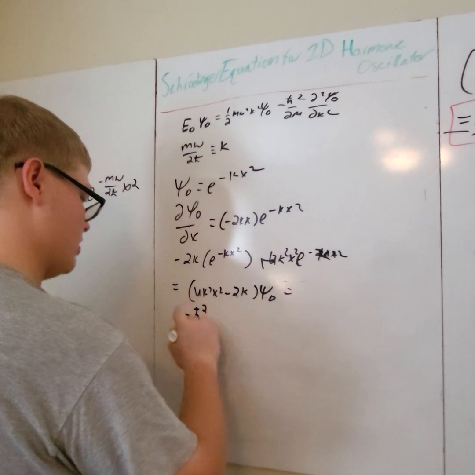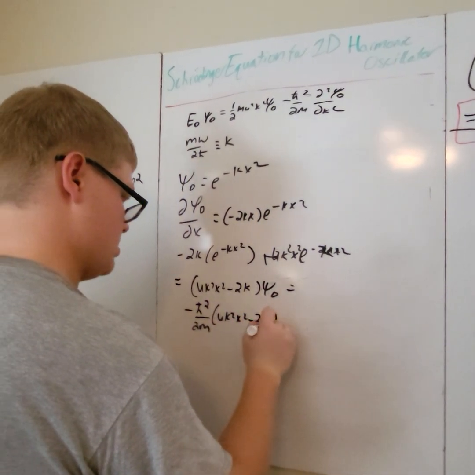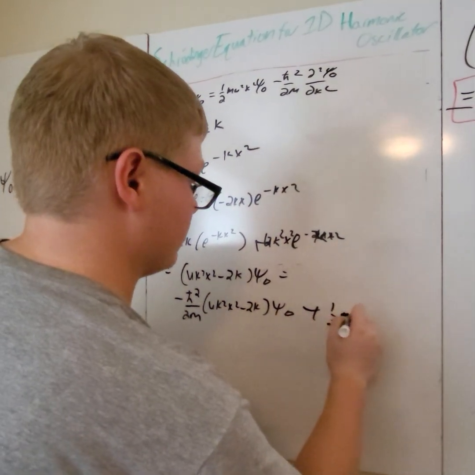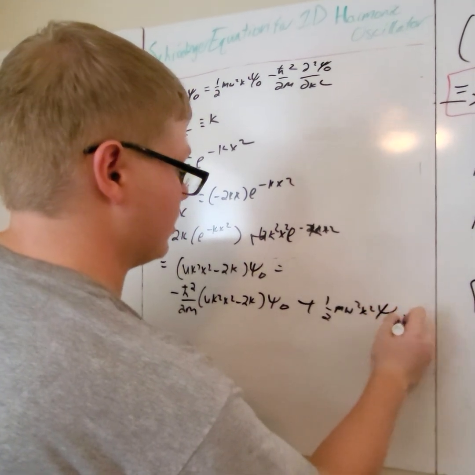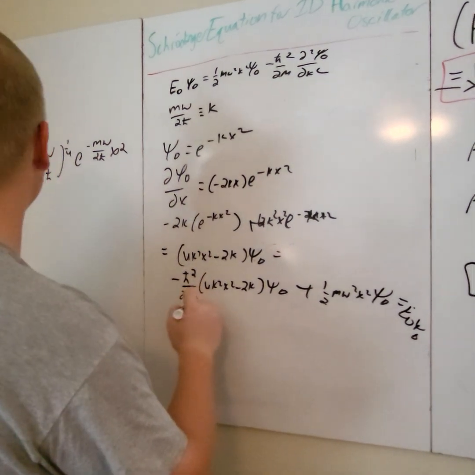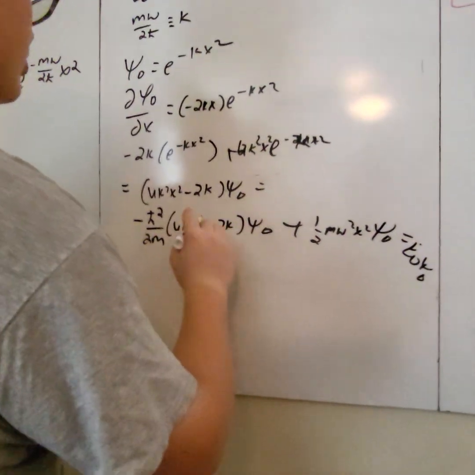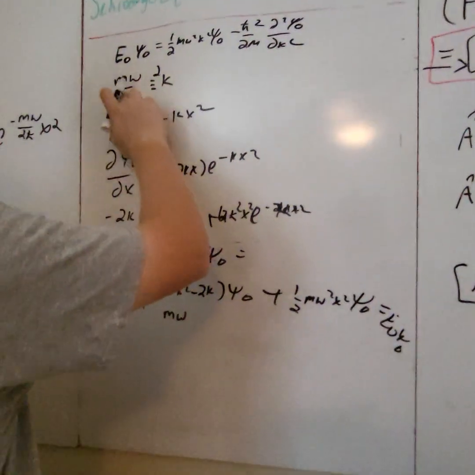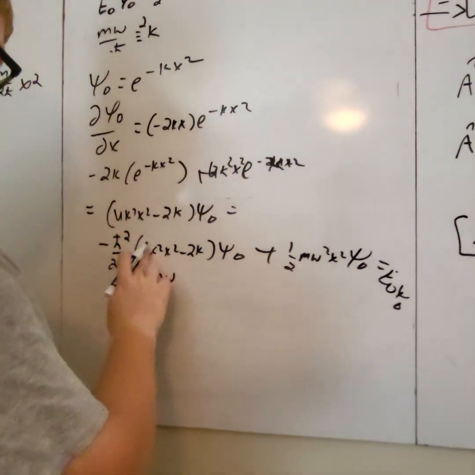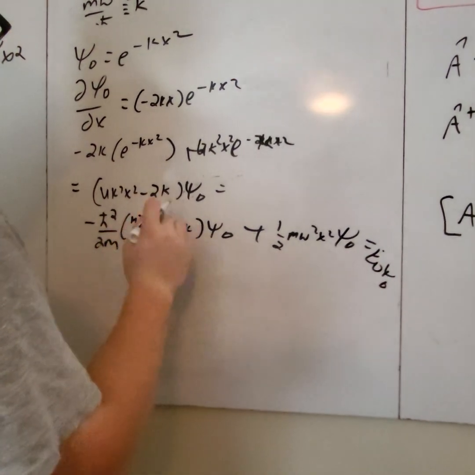Now we're going to do minus h bar squared over 2m, plus 1/2 m w squared x squared. So k, as we defined it, 2k is going to be mw over h bar, and that's just m squared w squared over h bar squared.